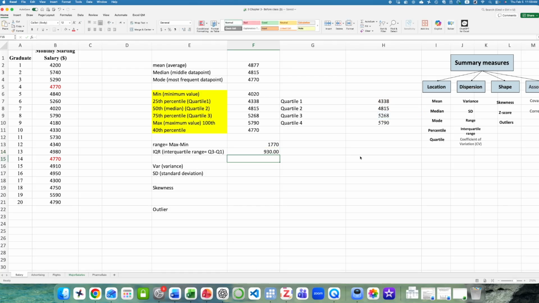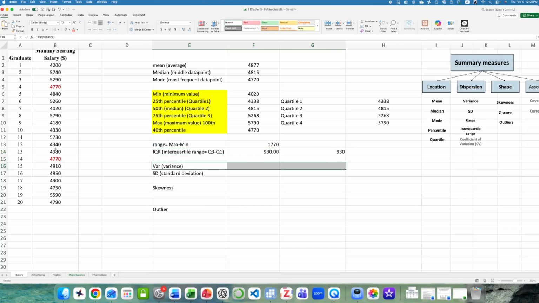So the interquartile range here is 930. This tells us the middle 50% of the salaries are spread across $930. Interquartile range is very useful in identifying outliers in the data, and we are going to talk about it when explaining the outliers and the box plot.